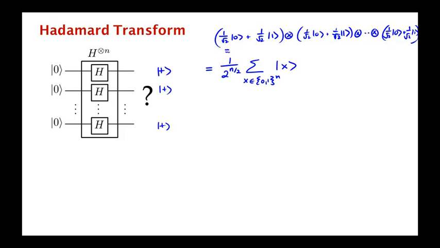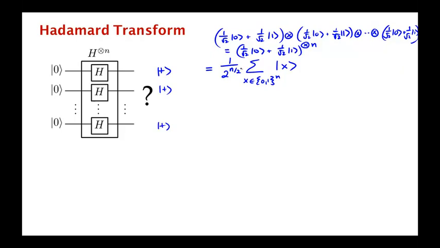So another way we denote this is by saying 1 over square root 2 times 0 plus 1 over square root 2 times 1, and then in the exponent we put this notation, tensored with itself n times. And now if you multiply these out, what do you get? Depending upon which choice you take from each of these terms, you get some n-bit string, and what's its amplitude? You get 1 over square root 2 times 1 over square root 2, n times, which is 1 over 2 to the n over 2.